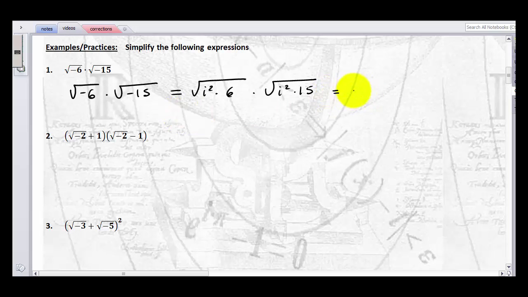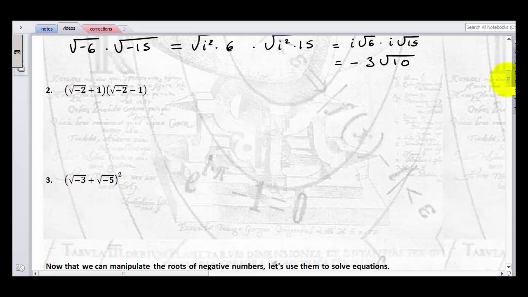So this is i root 6 times i root 15, which is i squared, so it's negative, and this is the square root of, I just went over it, so I can take a 3 out, 3 root 10. So it's negative 3 root 10.